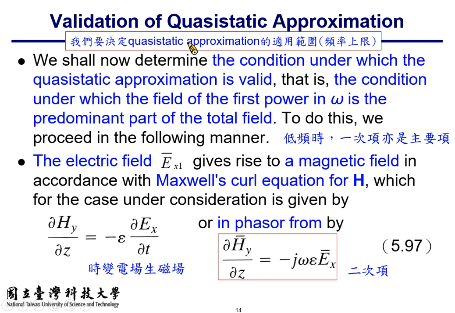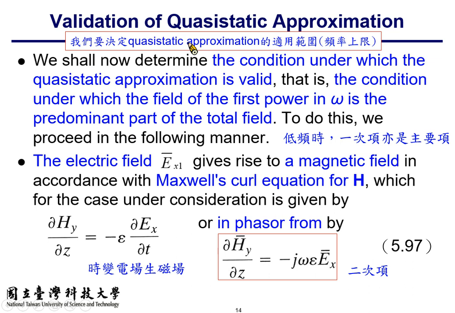However, we don't have an Hz term, so we don't have to worry about that. We just use this relationship, which can be found using the complete expression for the Ampere-Circuital law. On the right-hand side, you take the time derivative of Ex. You simply add another j omega term. So you have minus j omega epsilon Ex.